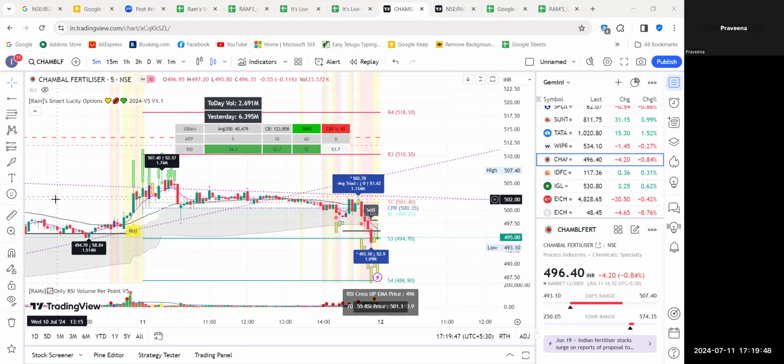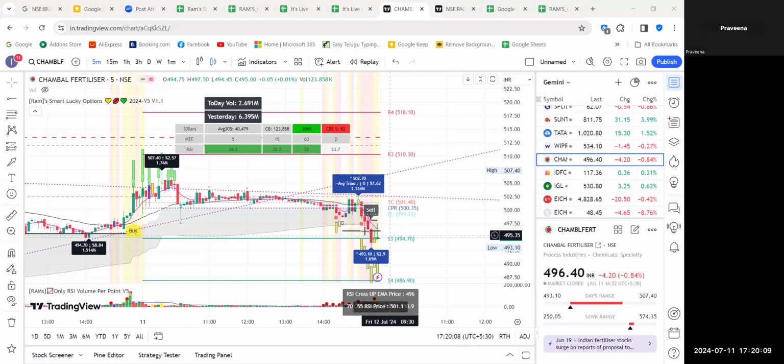This indicator is exclusively developed for option buying and option selling. See, you have all these pivots, cloud, yellow buy, and all these features in your indicator, in your lucky indicator.